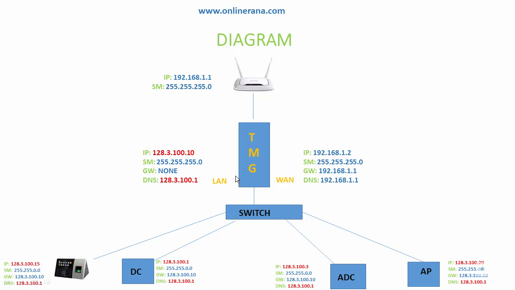So its TMG LAN interface will use the DNS of your DC. So this is the main diagram. Okay, now let's jump to our live production environment, and we will see all the rules and everything we have done.